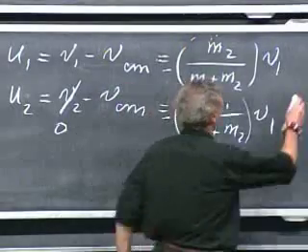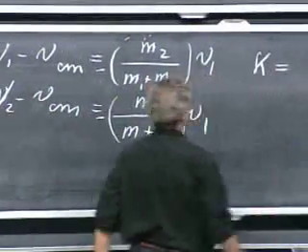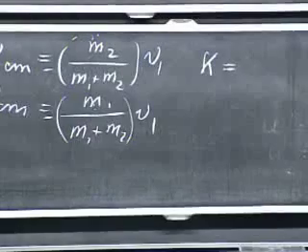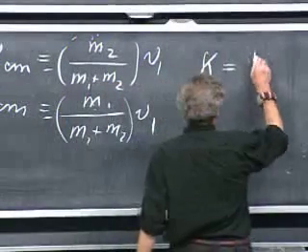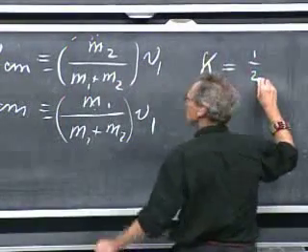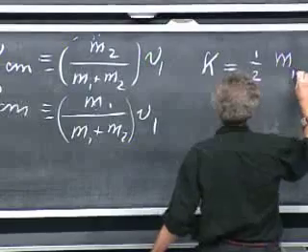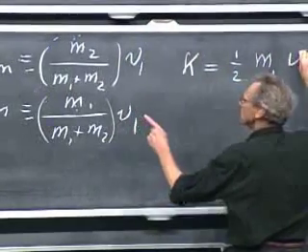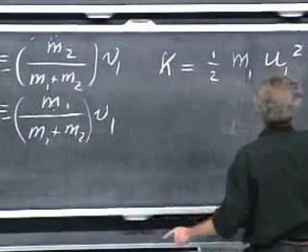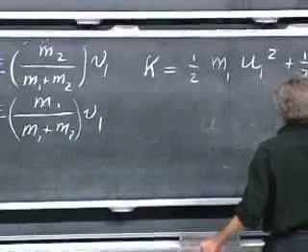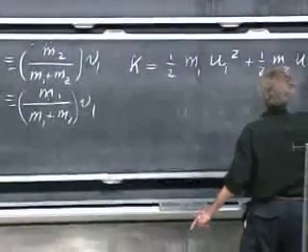Now we are going to calculate the kinetic energy in the center of mass frame. Well, that equals 1/2 M1 times U1 squared plus 1/2 M2 times U2 squared.